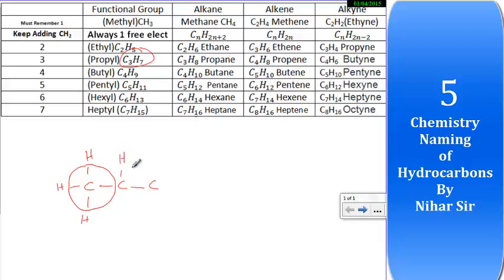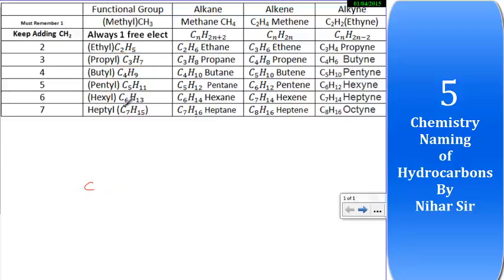Now let's draw H over here. This carbon is also satisfied. Now I have 2 carbons, 1 carbon over here, 1 carbon over here, but the last one has only 3. So this belongs to the functional group. If you draw a diagram like this for any element of a functional group, 1 electron will remain free.